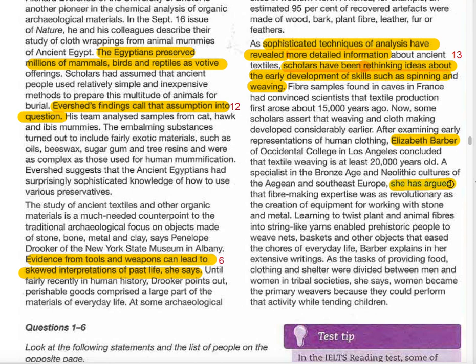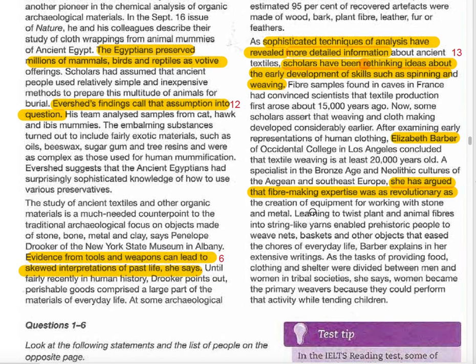She has argued that fiber making expertise was as revolutionary as the creation of equipment for working with stone and metal. Wow. So she says that fiber making, so making cloth, was revolutionary, something so advanced, something new, innovative.